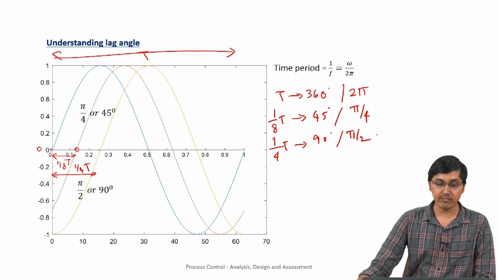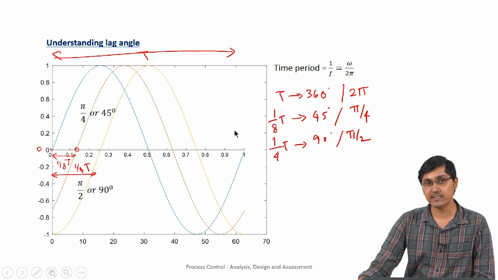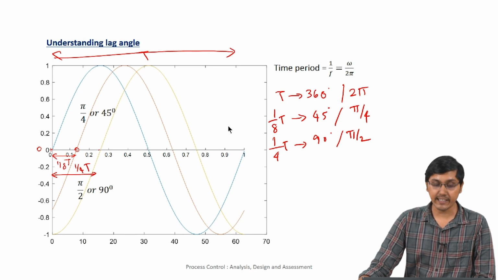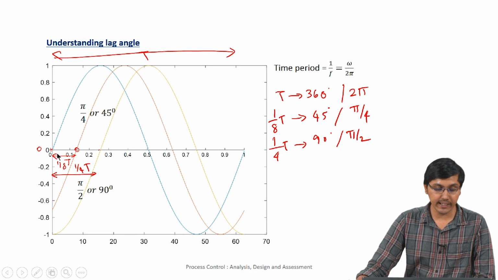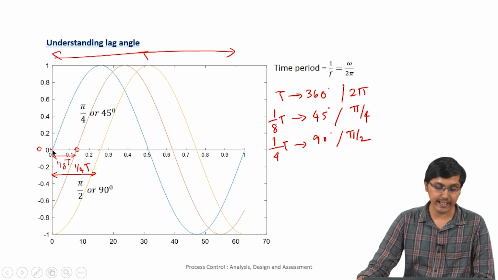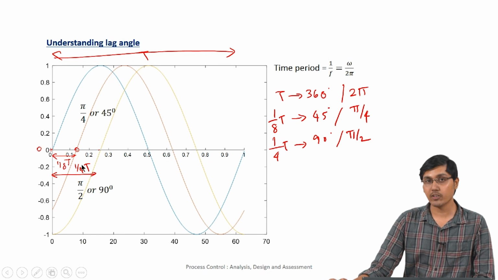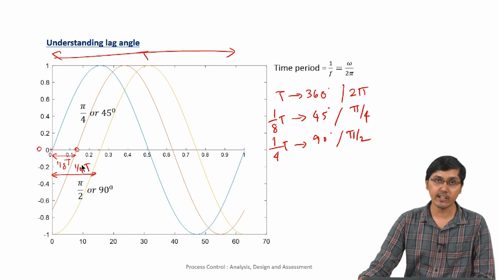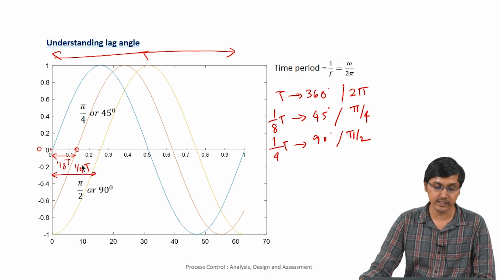So this is the way we tell. When we say a wave is lagging behind another wave by pi/2, that is 90 degrees, what we mean is that it is reaching the same value as the initial wave, but after a time period of 1/4 T. This is okay to compare because the frequency of both the waves is the same.